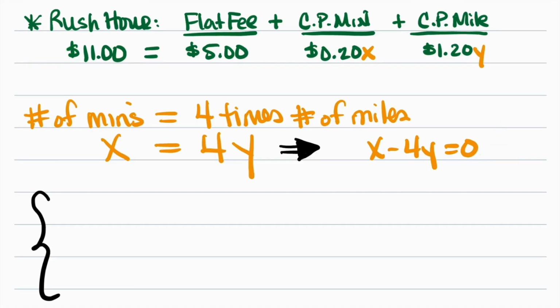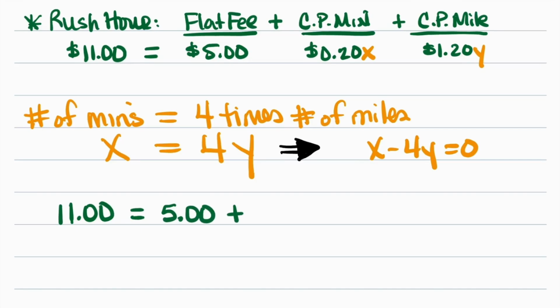Let's take the first equation and simplify it. We have $11 because that was the total cost of the trip: $5 plus 20 cents per minute, and then plus $1.20 per mile.